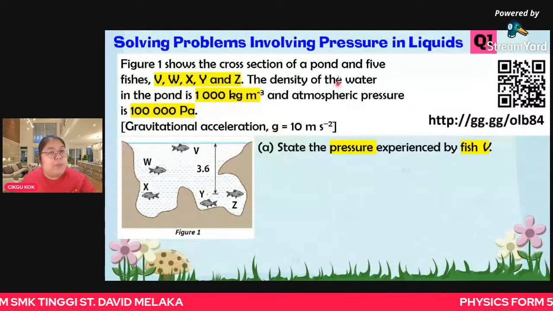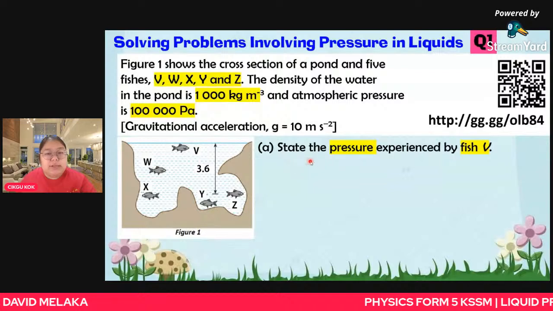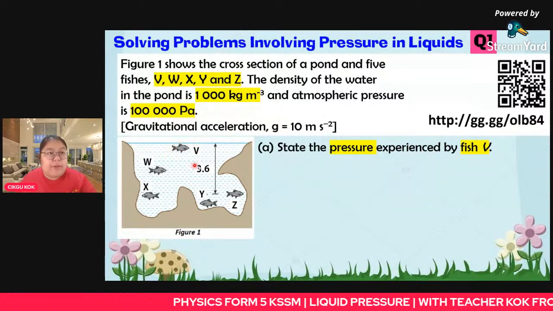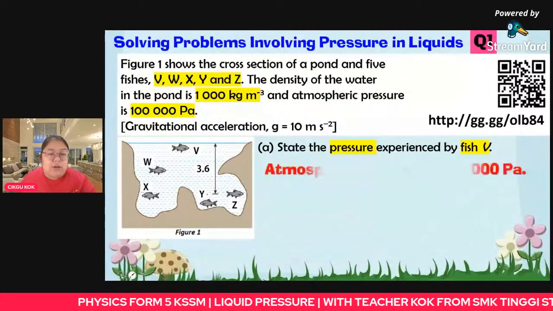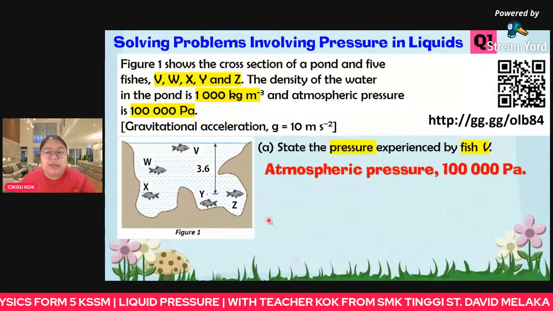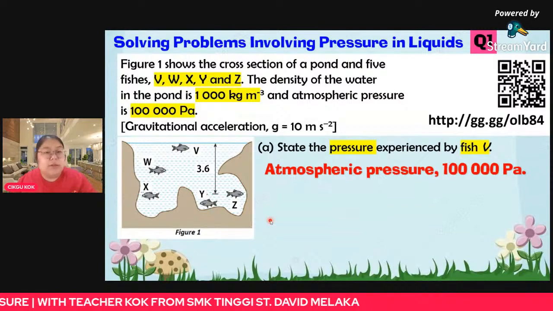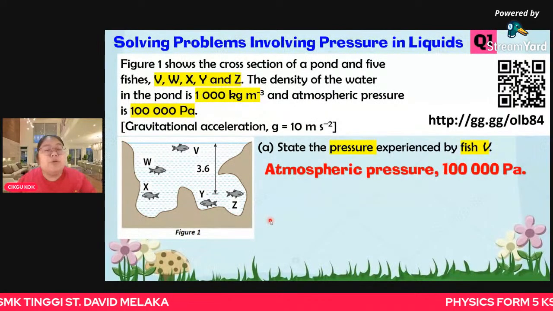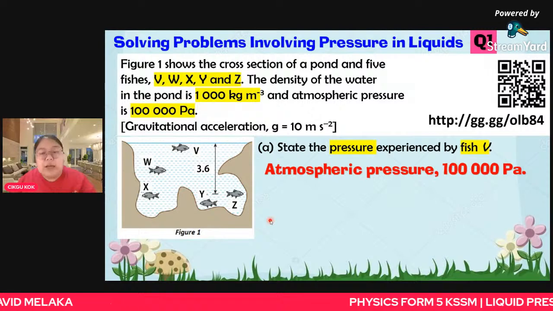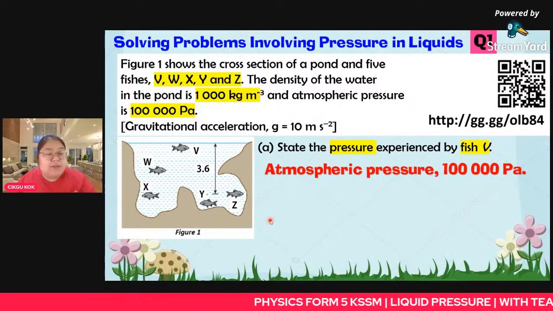We straightforward copy from the question. You just state the pressure experienced by fish V is the atmospheric pressure, 100 kilopascal. That's all. This is the answer for A. They ask about V, so you mention first what V is, and after that you give the answer for the atmospheric pressure.